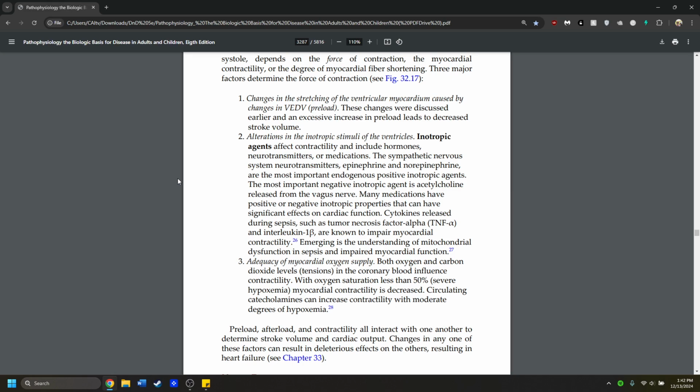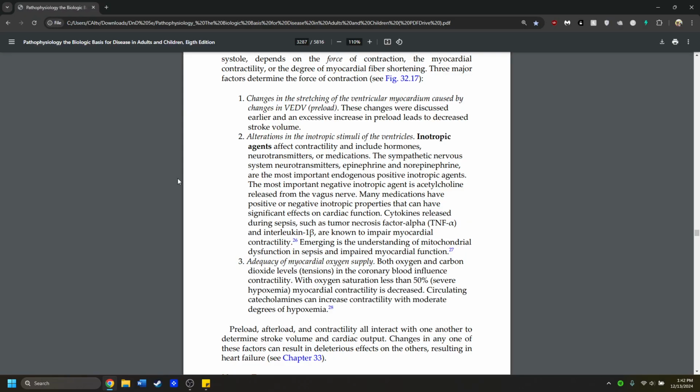It also means that our cytokines, tumor necrosis factor alpha and interleukin 1 beta, don't work properly. So interesting how that correlates with the heart.